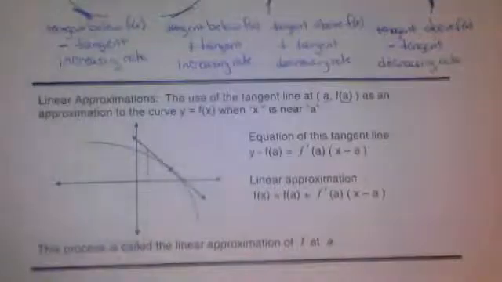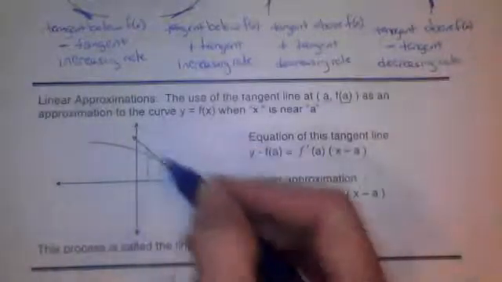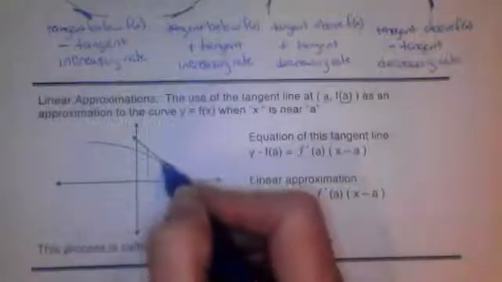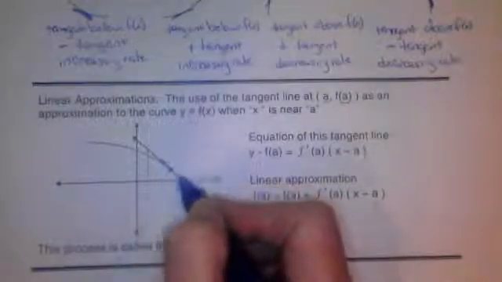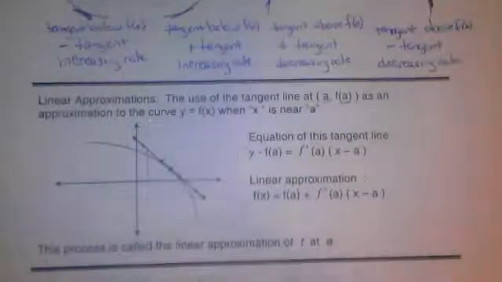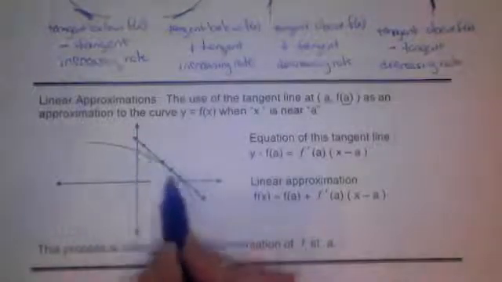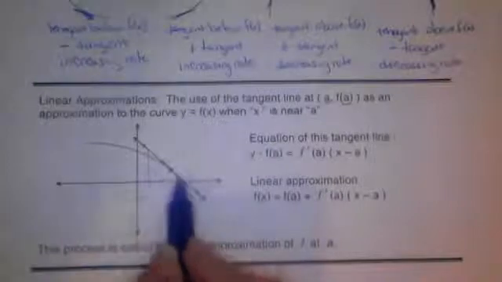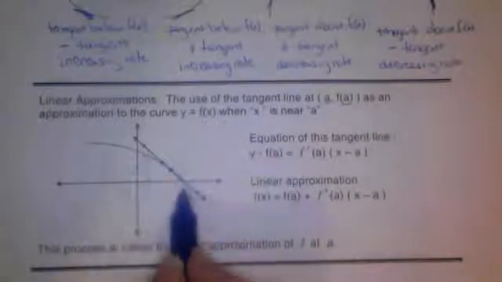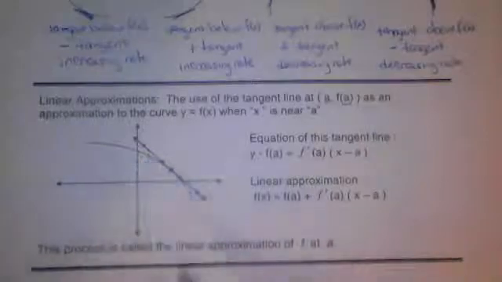And so what we're going to do is, since we know that this line has slopes, the closer I get in, the closer they are to the same slope here. The further I go out, the less I am close to this same slope on the curve. These two slopes are close to the same, but when I get out here, they're not the same as what the slope of the curve is.